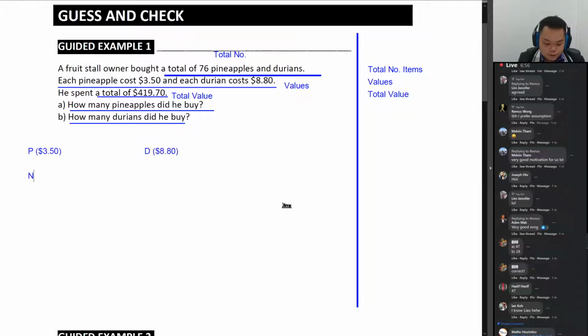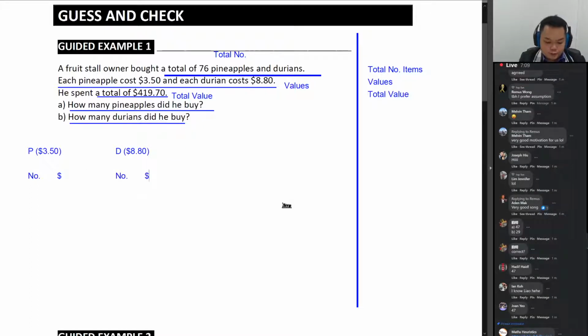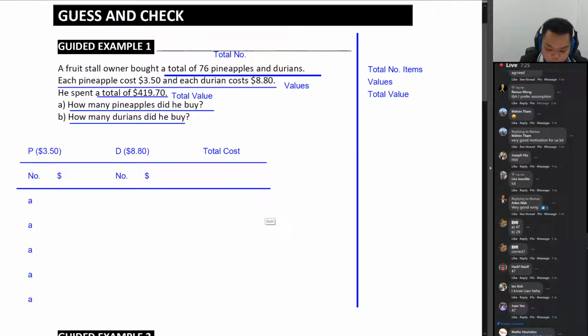So number of pineapples and the cost of them, number of durians and the cost, then this will be the total cost. Let me just put a few more A's over here just to show you what's happening.